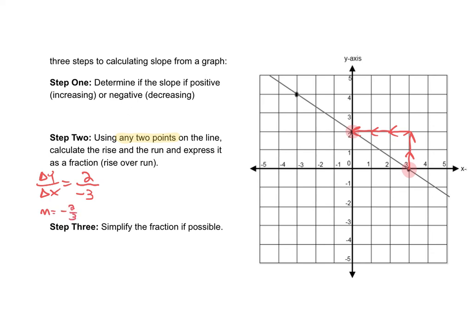Okay, what if I had chosen two different points to work with? What if I had chosen maybe this time the outside two? And what if this time I started from the top and I worked my way down? Set up my change in y over change in x. So this time I'm starting from the top point. Let's do my rise. It's rise over run. So my rise is down 1, down 2, down 3, down 4. So my change in y was -4.